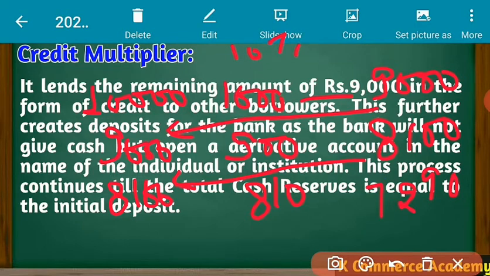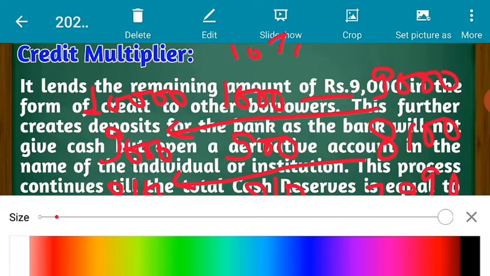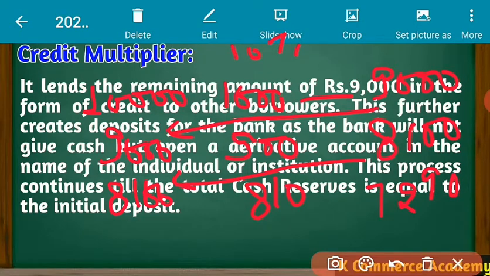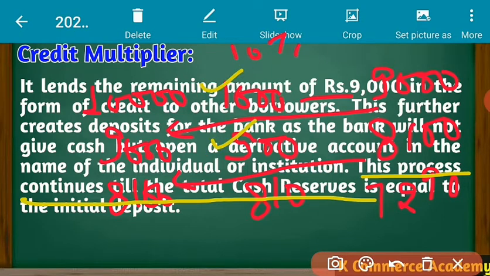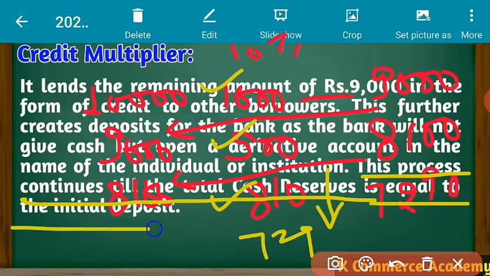And this process will continue till the total cash reserves, that means 1,000 plus 900 plus 810 plus 729, and so on, is equal to the initial deposit, that is rupees 10,000.